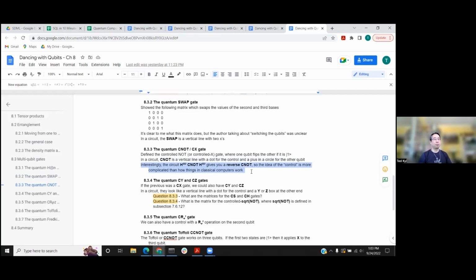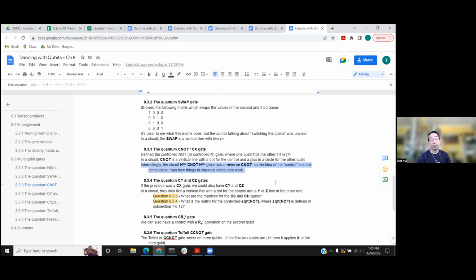You can change perspectives, and then it looks like the other one is staying the same and the control is getting modified. So the classical idea of a control not being modified is not exactly what's happening with the CNOT gate. That's the standard way of thinking of it, but it gets more complicated than that.